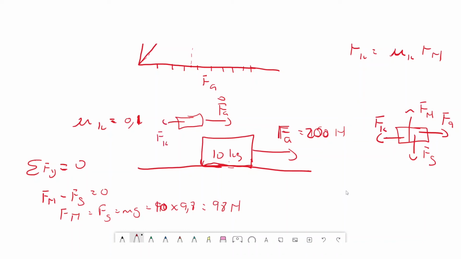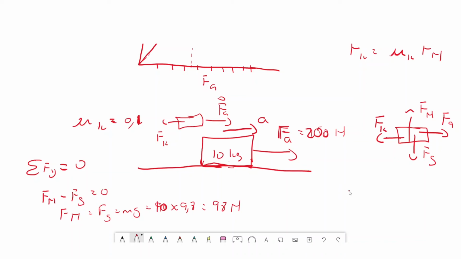Okay, so on the x-axis, there's going to be acceleration because this object is going to move. Then maybe they say you must find that acceleration. So how are you going to do that? Okay, so there is a frictional force.